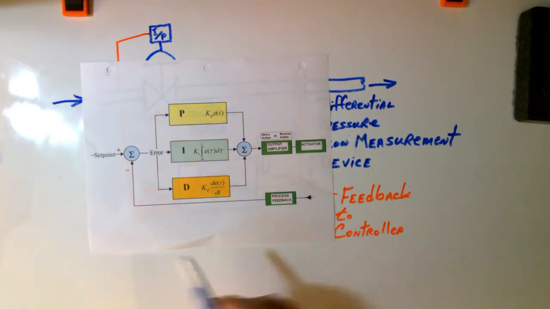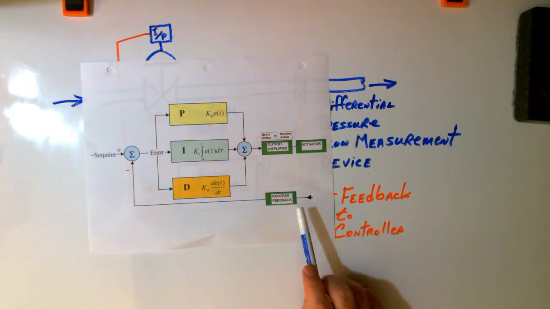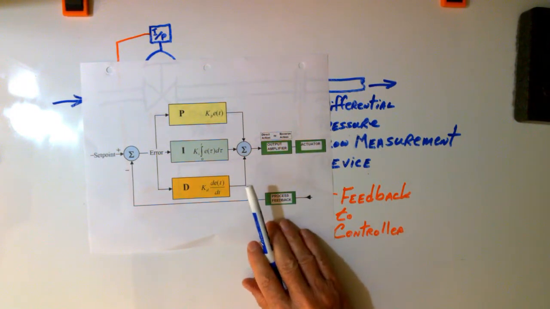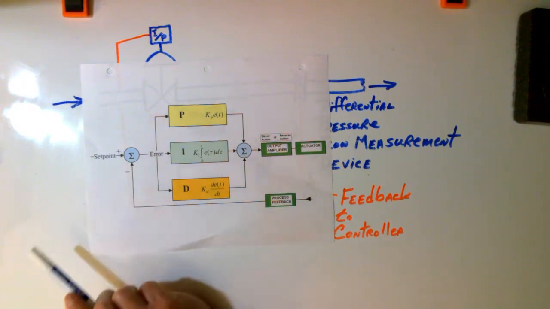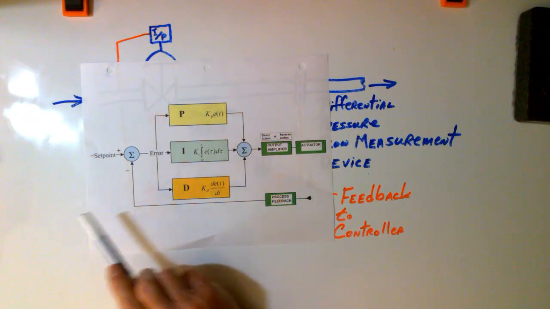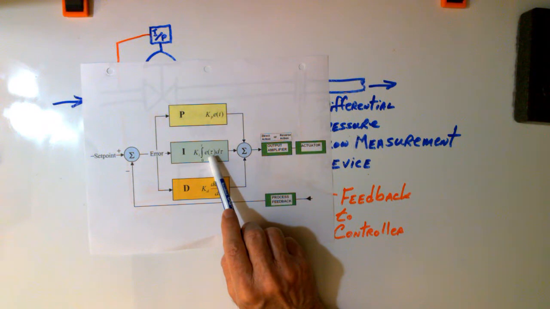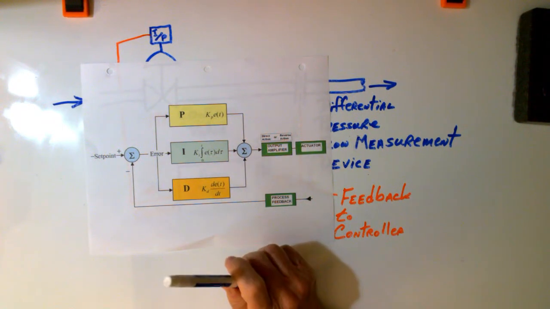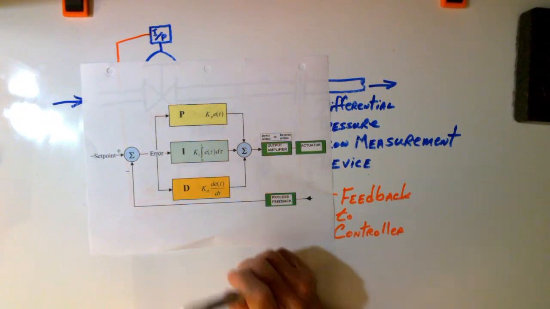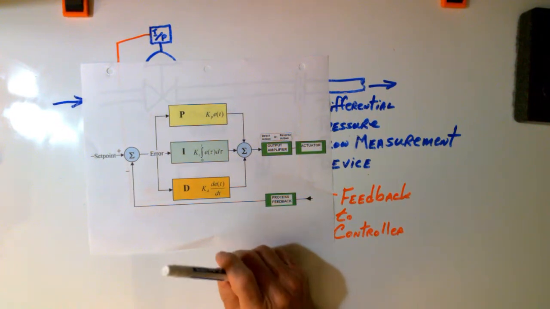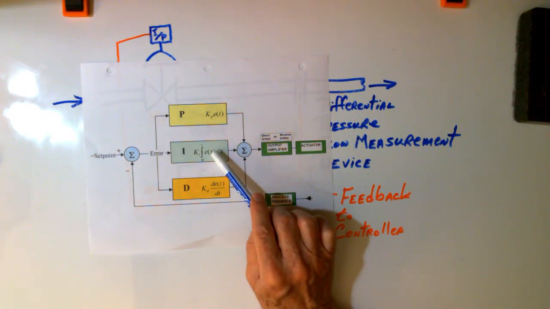If I have a difference between my process feedback and my set point, the integrator will start to change. And as long as that error stays there, as long as that error is not zero, it will continue to change.